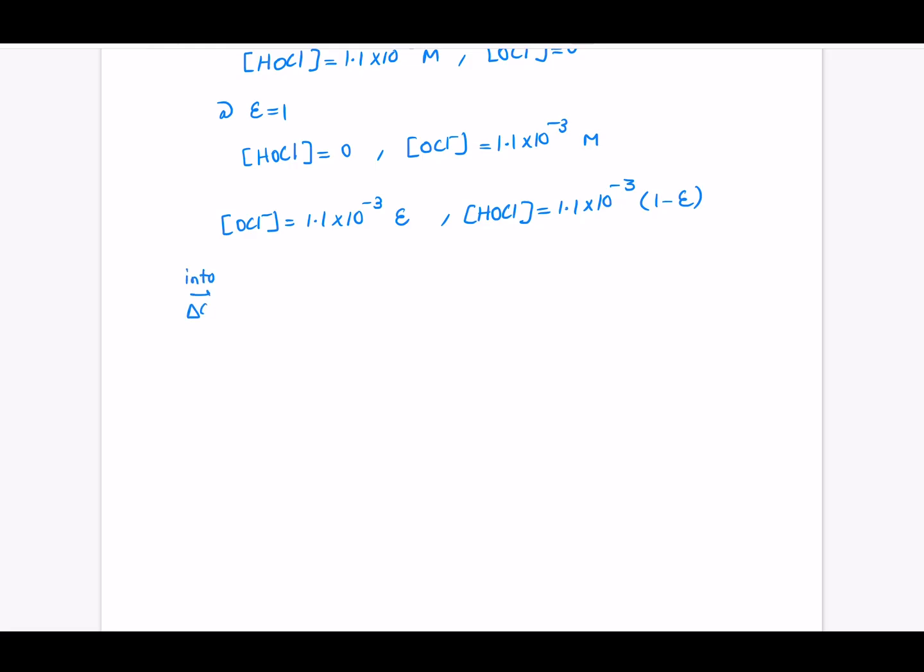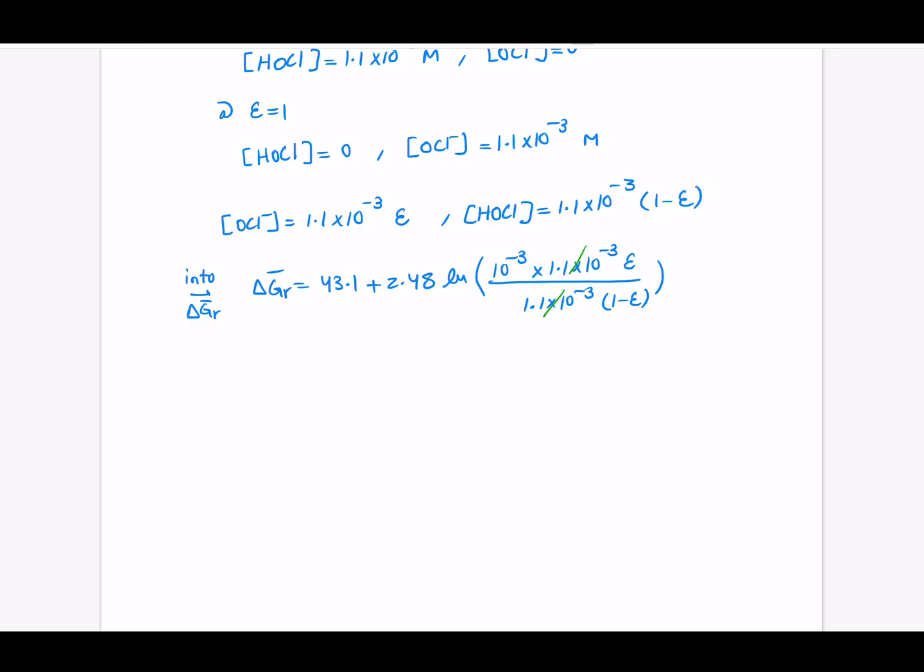So into delta GR, then we get delta GR to be 43.1 plus 2.48 ln of 10 to the minus 3 times 1.1 × 10 to the minus 3 epsilon. So that's OCl minus. And then HOCl is 1.1 × 10 to the minus 3 times 1 minus epsilon.